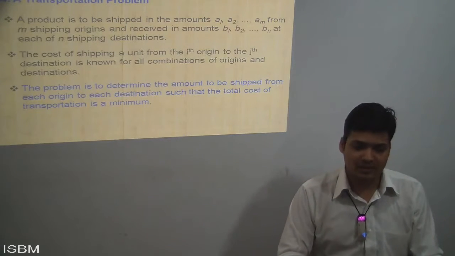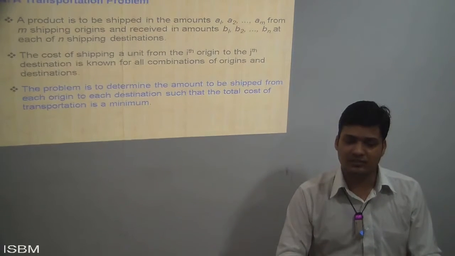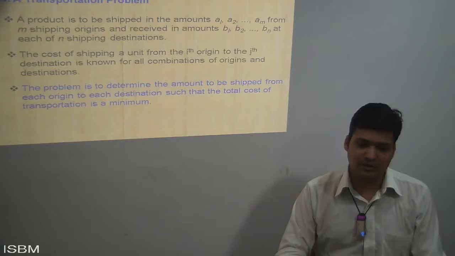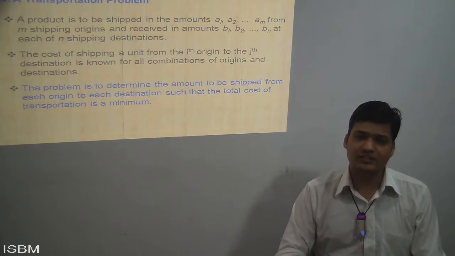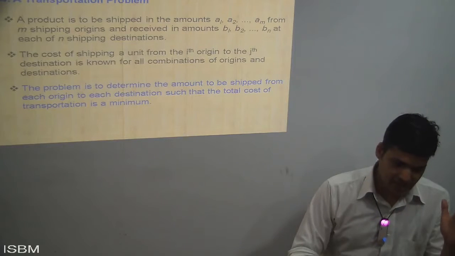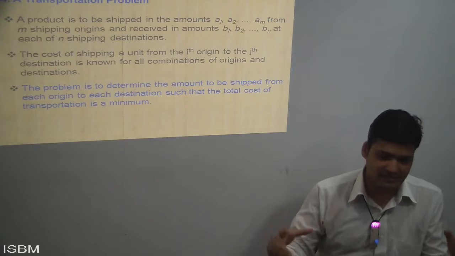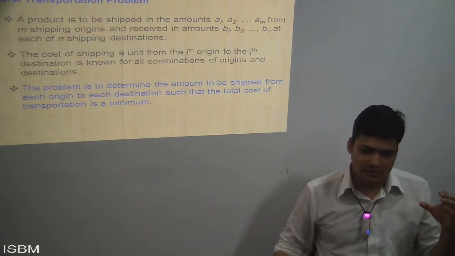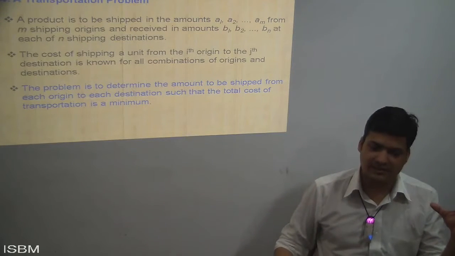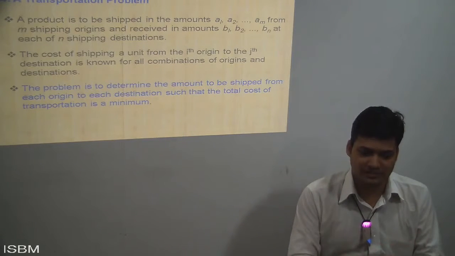The cost of shipping a unit from the ith origin to the jth destination is known for all combinations of origin and destination. So shipping from the ith origin and receiving at the jth destination, for all combinations.